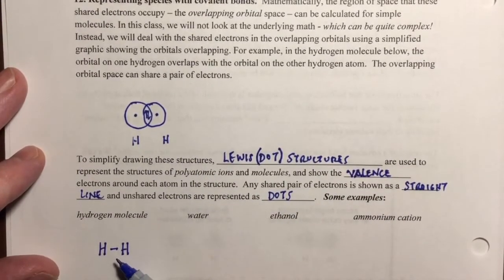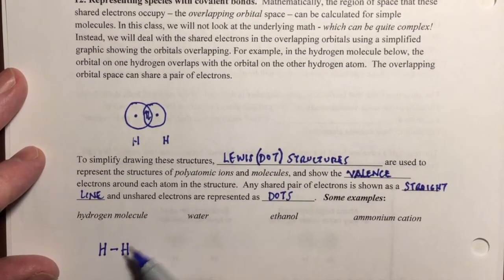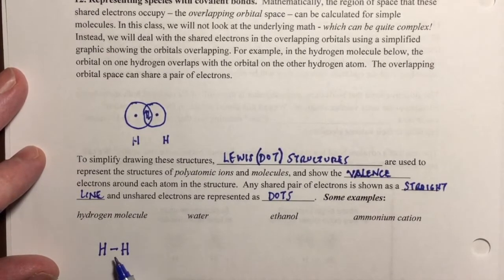So notice that a shared pair of electrons is represented by the straight line. That right there is a covalent bond. It is a pair of electrons that are being attracted to both atoms, shared by both atoms, and we can draw it as a single line. So that single line represents 2 electrons.